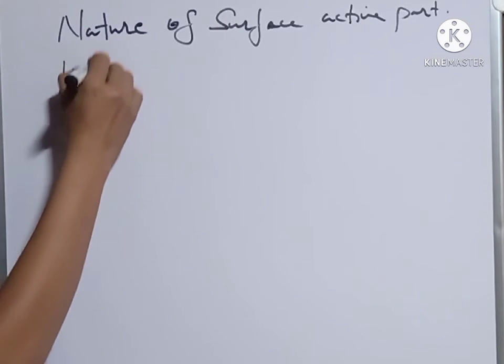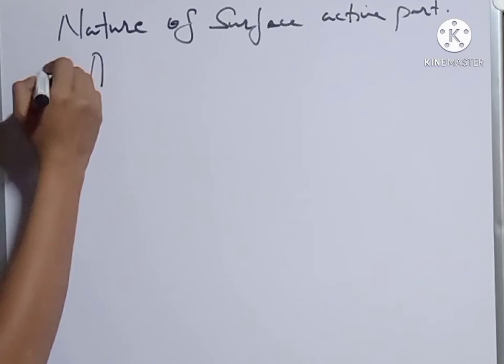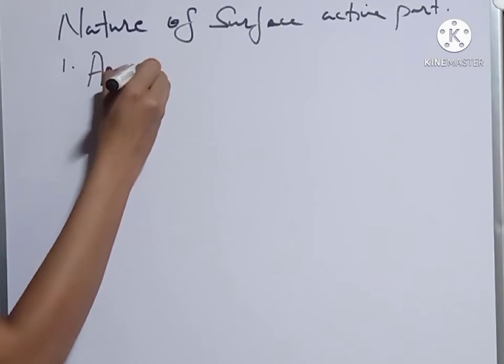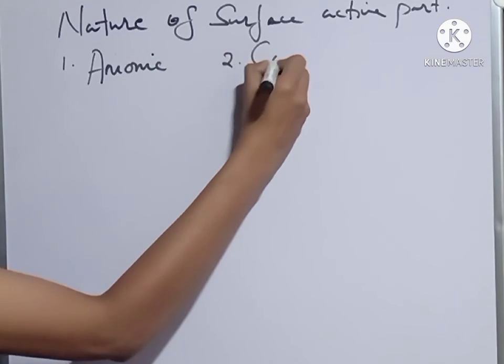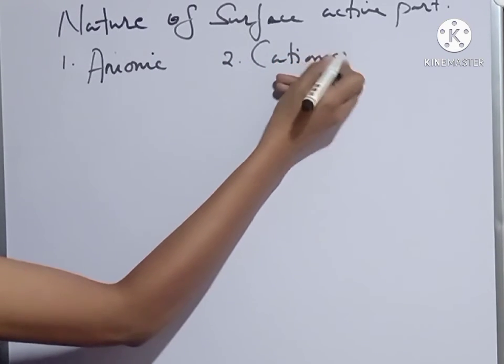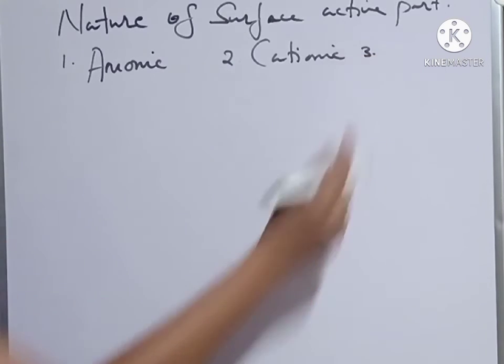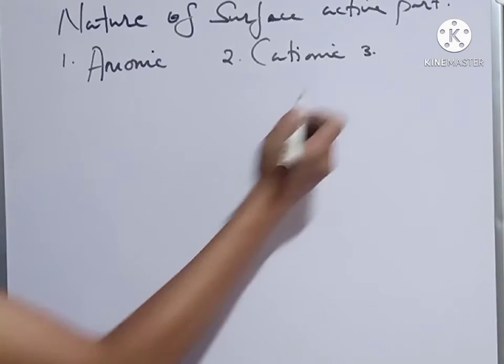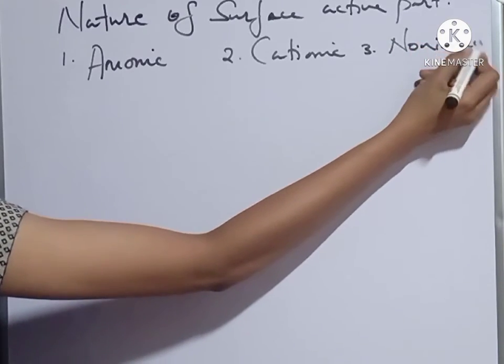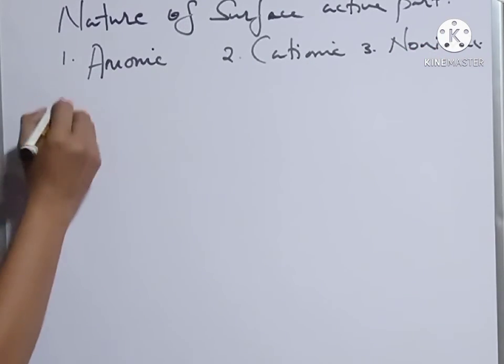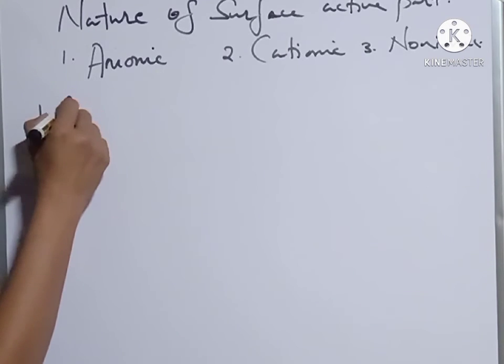The first one is anionic surface active, the second one is cationic surface active, and the third one is non-ionic surface active. So the first one is anionic surface active.